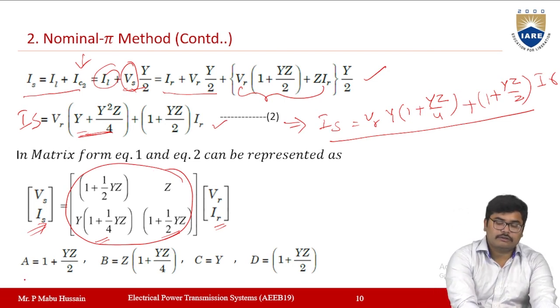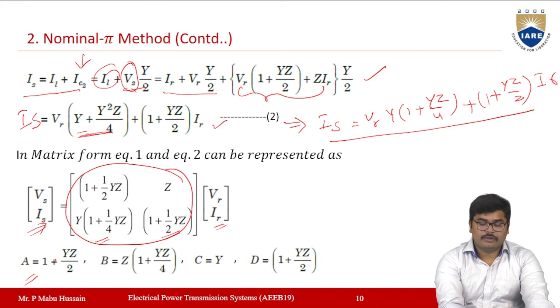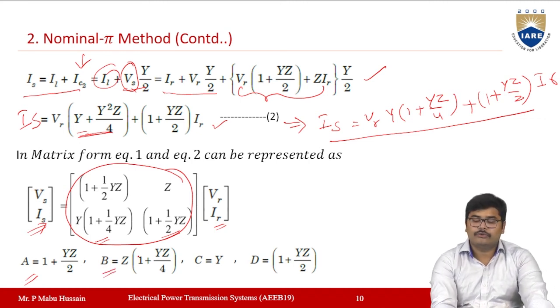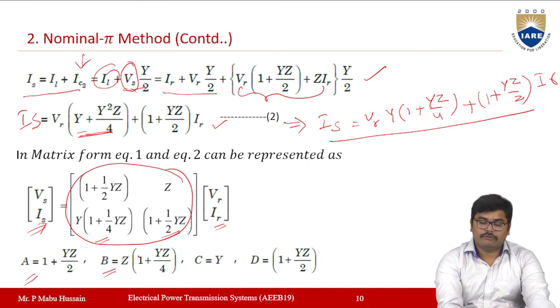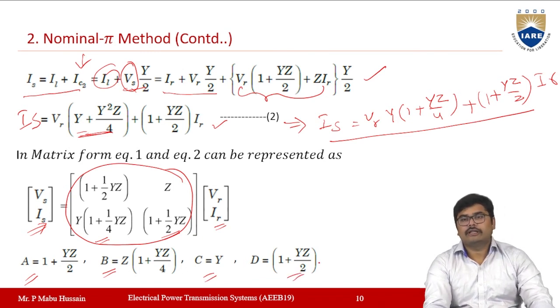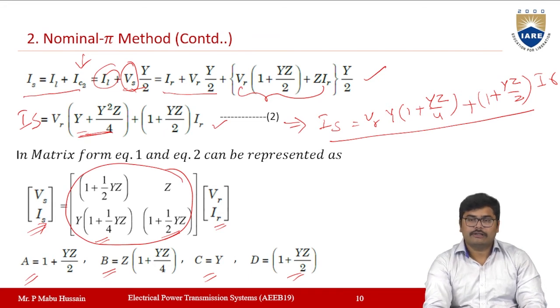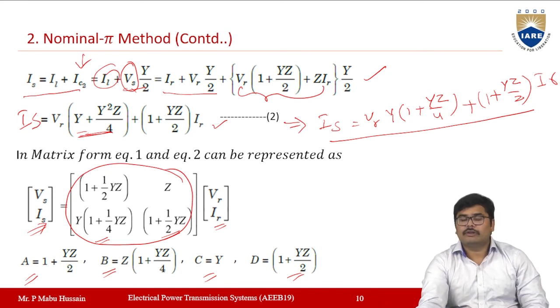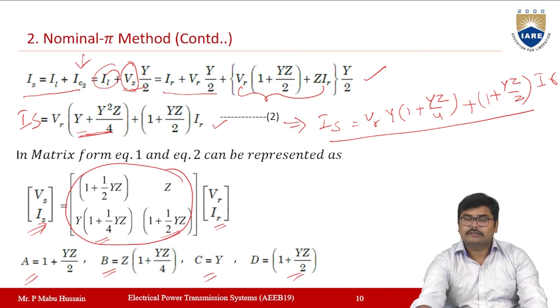So the value of A is 1 plus Yz by 2, the value of B is Z, the value of C is Y into 1 plus Yz by 4, and the value of D is 1 plus Yz by 2. Like this, you can derive the ABCD constants for a medium transmission line in the nominal pi method.